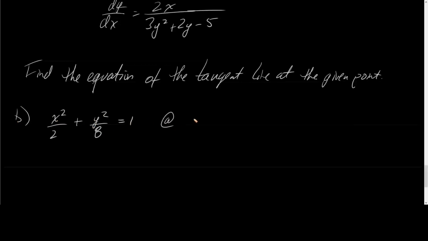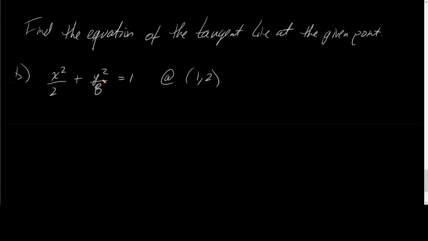And we want to find the equation of the tangent line at the point 1, 2. What we're going to do first is take the derivatives. Why do I want to find the derivatives? Because we need the equation of a tangent line, a line, so we need the slope. And the slope is dy dx. So that's what we need. We need the slope. So let's take the derivative.